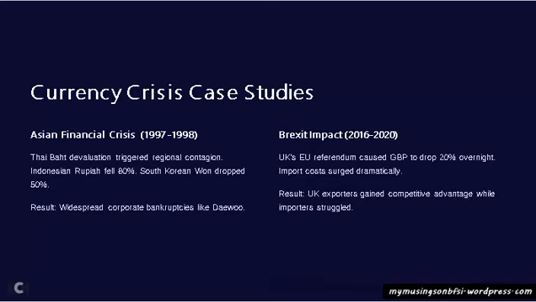Let us look at the impact of Brexit in the 2016 to 2020 period. The UK's 2016 referendum to leave the EU caused the pound sterling to plummet from 1.5 to 1.2 against the dollar overnight. UK importers faced a higher cost for goods like oil and electronics, while exporters like Jaguar and Land Rover saw short-term gains in competitiveness.